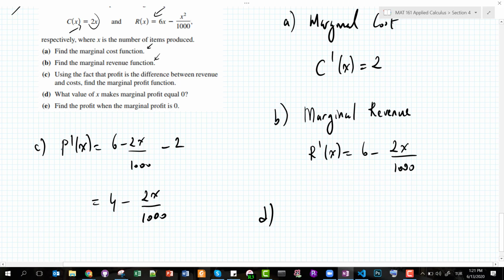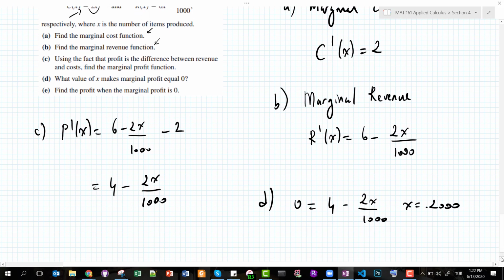So I need to make this equal 0, which is 4 minus 2x over 1000 equals 0. I need to calculate this value. So x is going to be equal to 2000. So if you produce 2000 units of the product, your marginal profit will be 0.